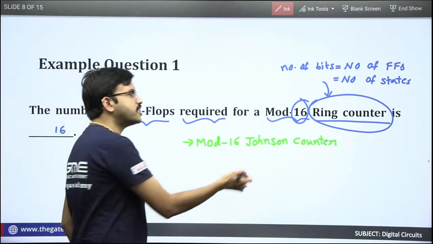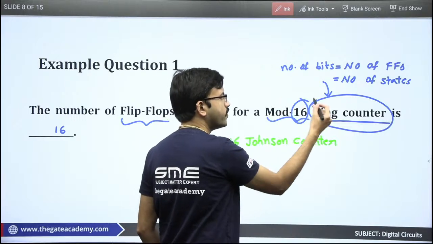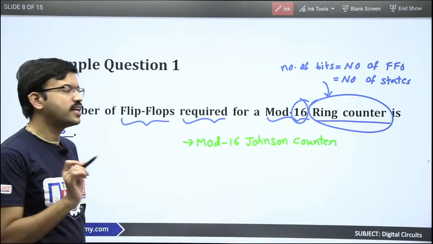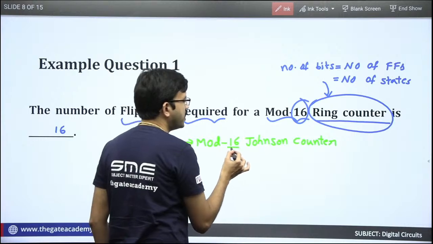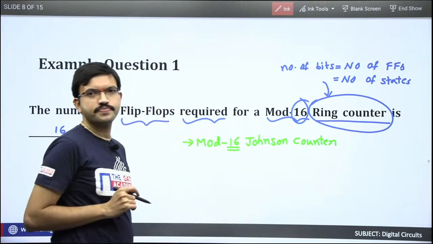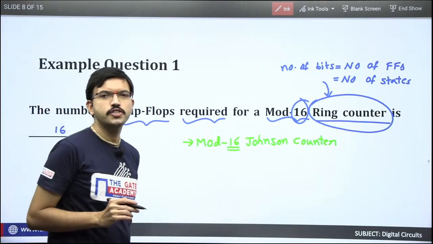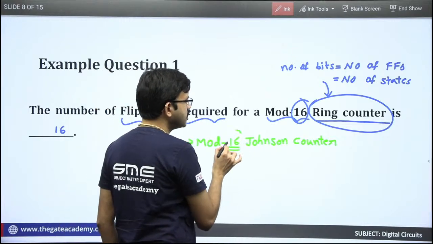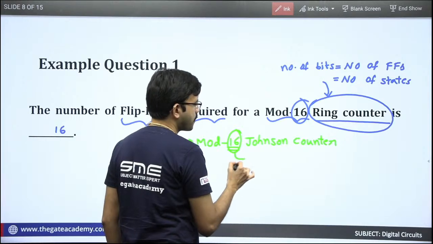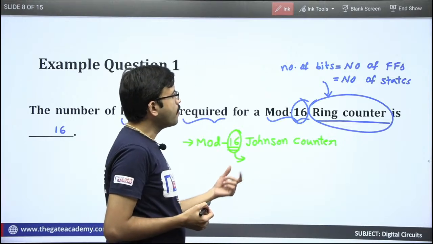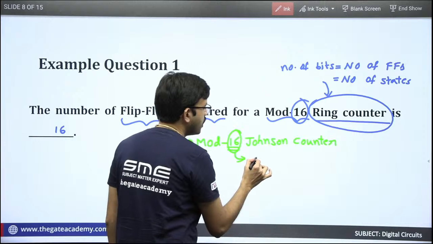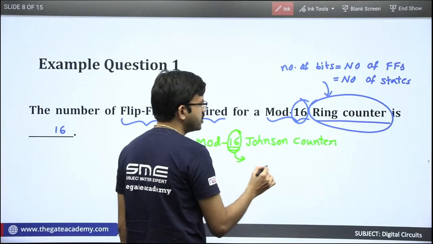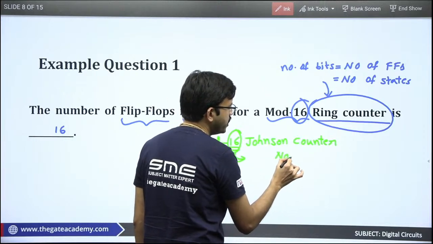See, this particular term they can introduce in front of any particular counter, but always this particular number indicates number of states only. Yes, very good Nikita, Aswin, very good. See, in the Johnson counter, here you are getting 16 states, but how many flip-flops you require?